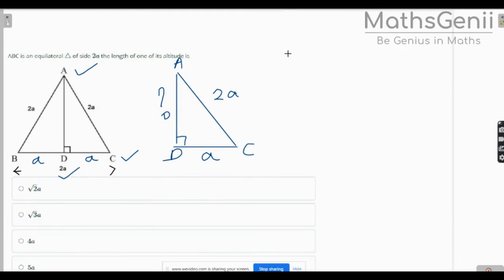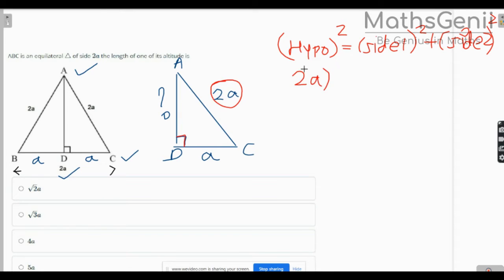Pythagoras theorem formula is hypotenuse square is equal to side 1 square plus side 2 square. Correct? Hypotenuse is the side opposite to 90 degree. So this is hypotenuse, 2a square.